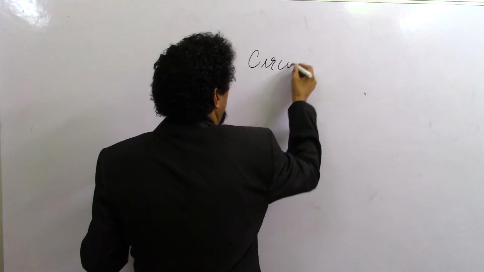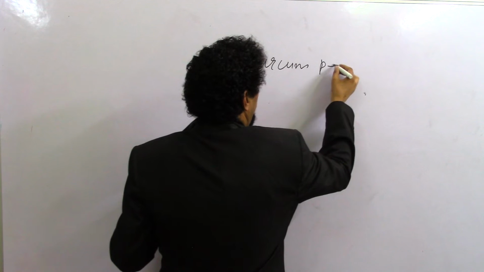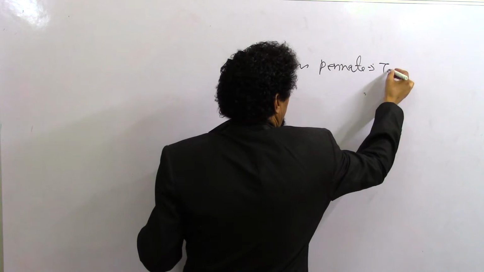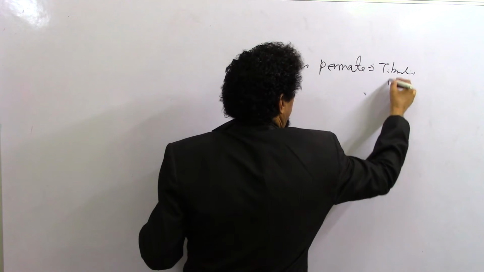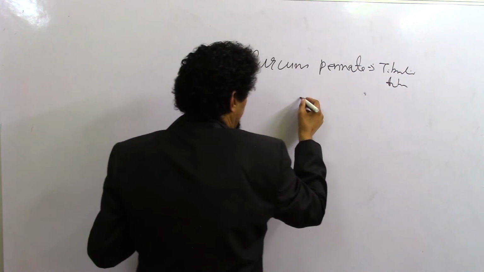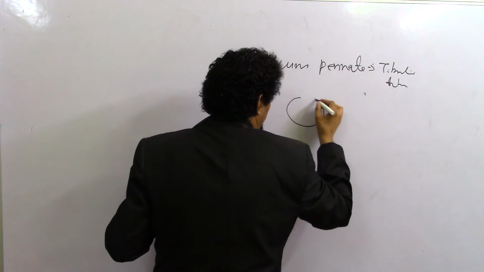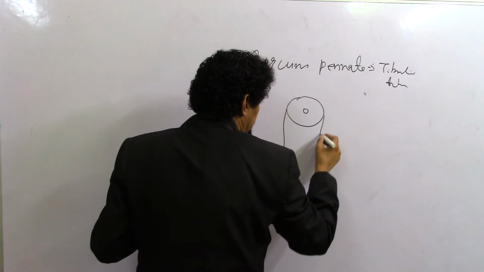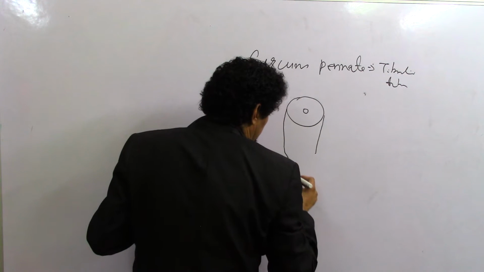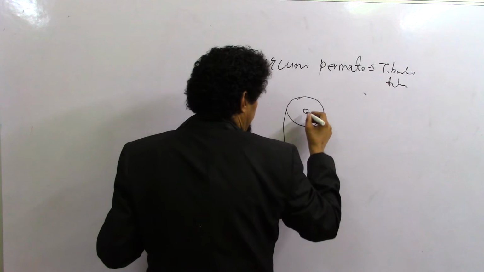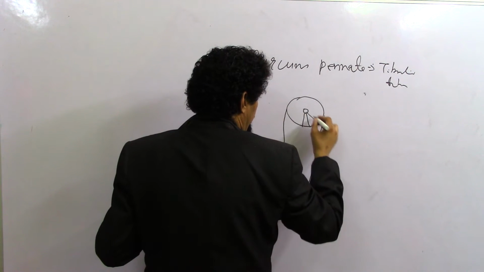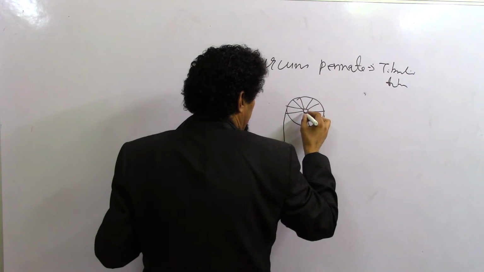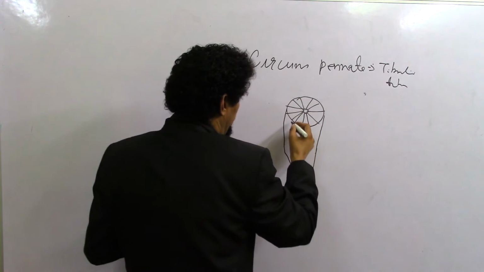The circumpinnate is the tibialis anterior, where the fibers are converging in the central tendon from all directions. This is the basic pattern of arrangement of fibers in the circumpinnate muscle, which is seen in the tibialis anterior muscle.